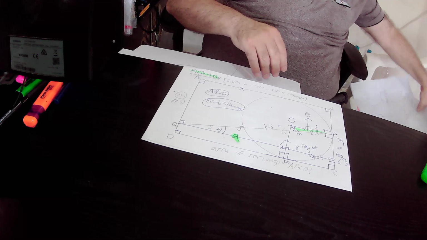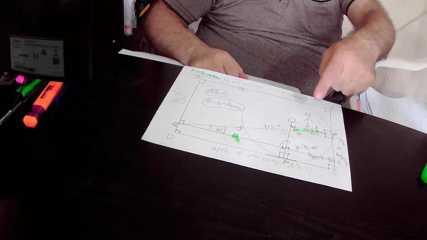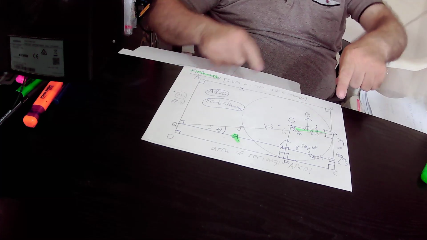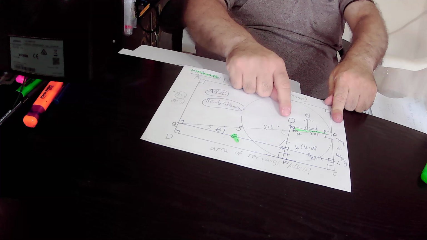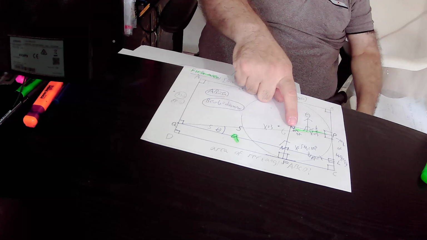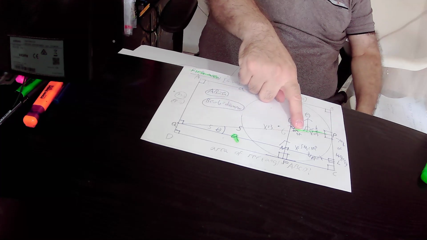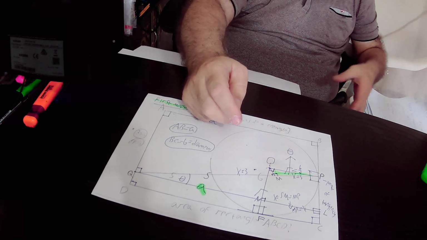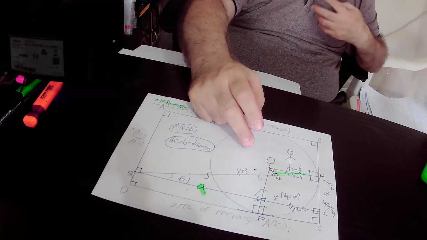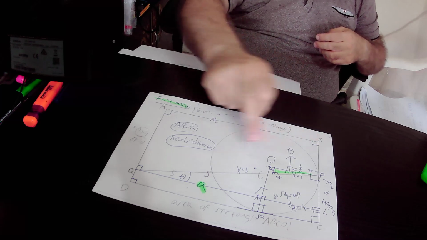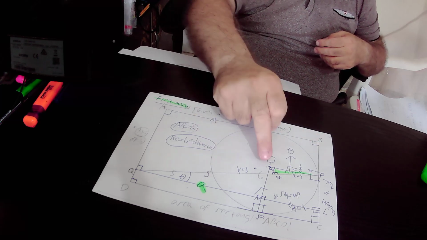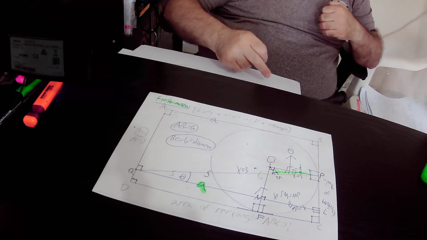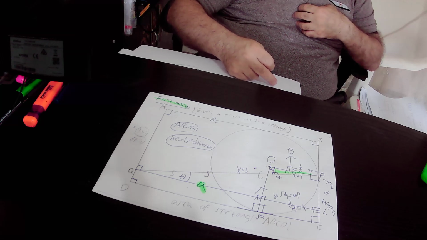We implement rule number 4 in our drawing. From the center of the circle, we draw a perpendicular on chord PS. So this angle equals 90 degrees, and this angle also equals 90 degrees according to our construction. According to rule number 4, perpendicular OM bisects chord SP, that is to say SM equals MP.